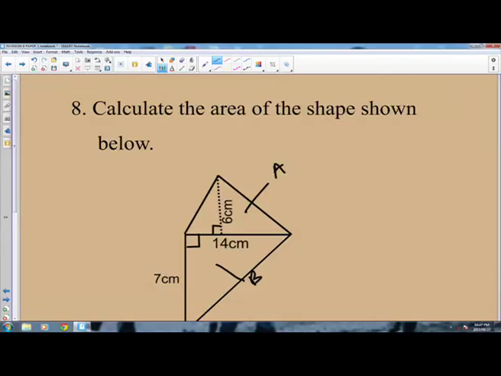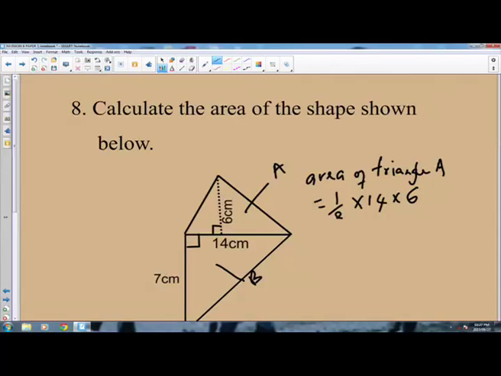So the area of triangle A is equal to half times 14 times 6. So this is how you calculate the area of a triangle. It's half base times the height.